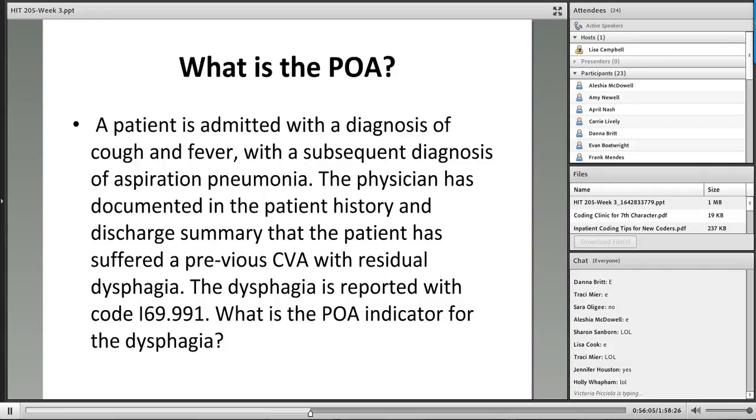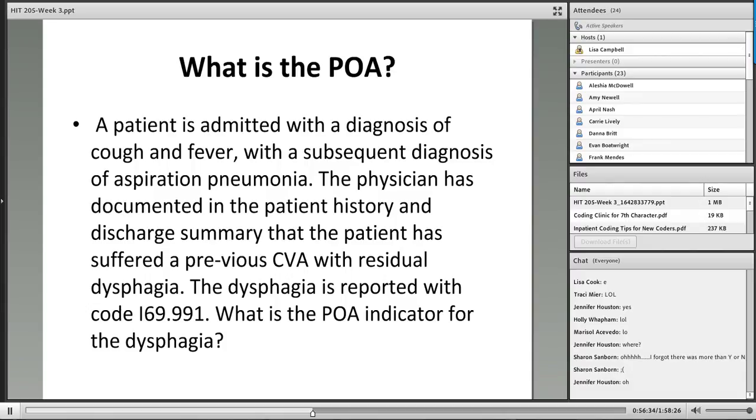Well, the answer is exempt because the category of code I69 is on the exempt list. Notice page 31 in your physical book, and page 110 in the big guidelines.